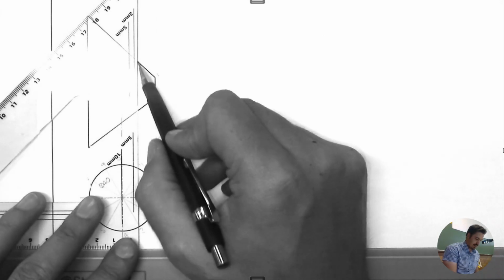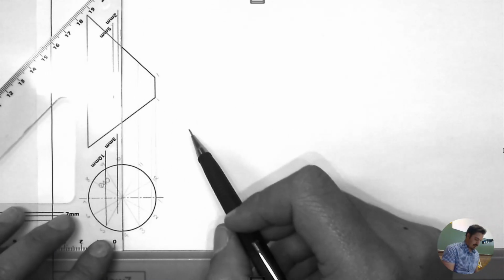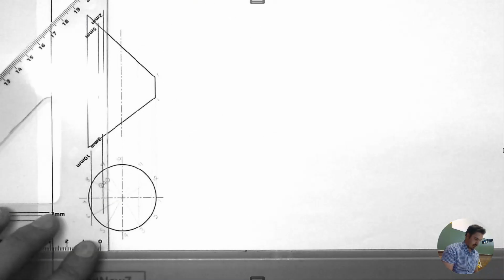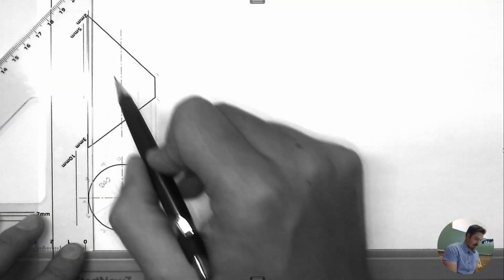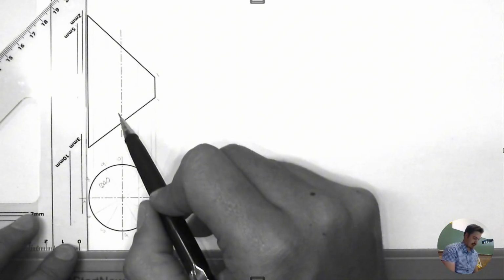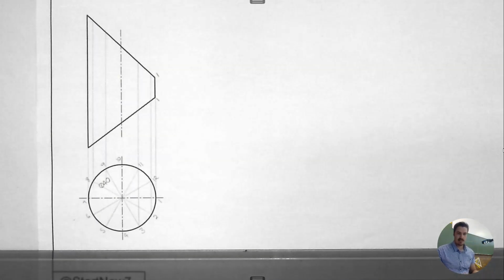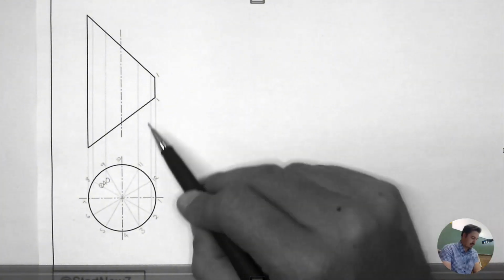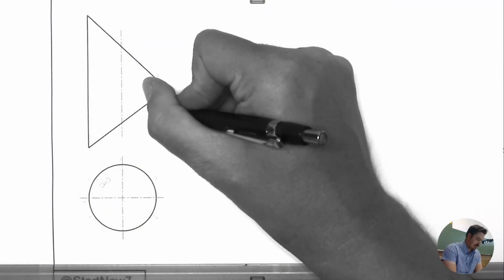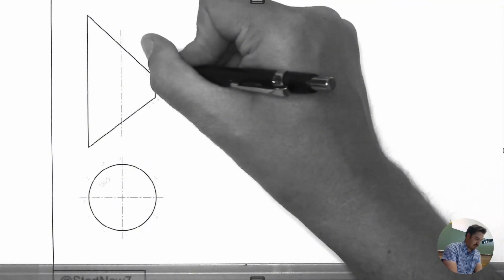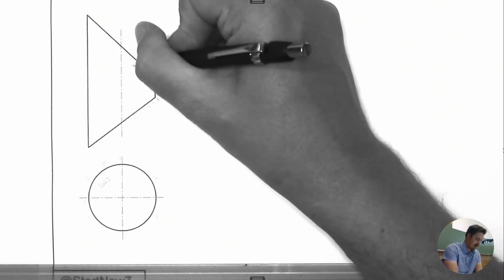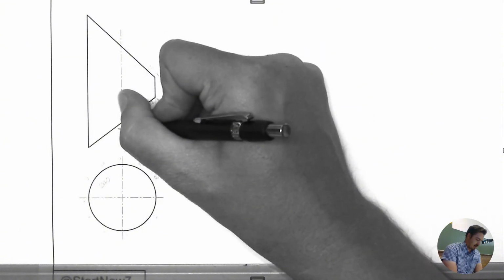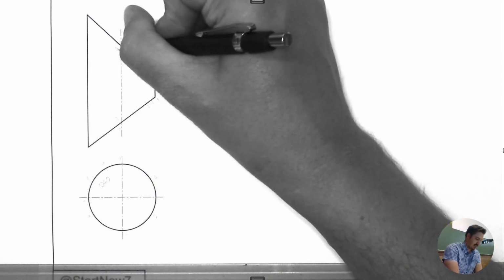Then I have 11 and 3, then I have 4 and 10, which is in the middle, then I have 5 and 9, then I have 6 and 8, and lastly I have 7 on the side. So projecting all these points up means this is going to be 2 and 12, 3 and 11, 4 and 10.